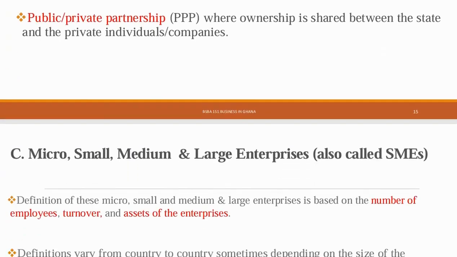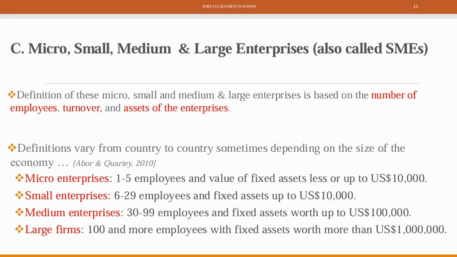Okay, yes. So let's look at the last part of the classifications. We have the micro, small, medium, and large entities or enterprises that we call the SMEs. So for the SMEs, here is very sensitive. When you are learning them, you make sure you understand the number of employees each enterprise has, right?